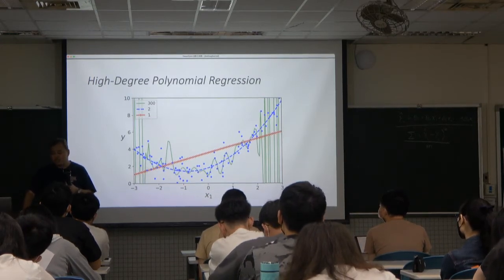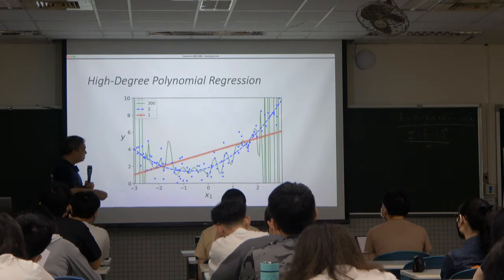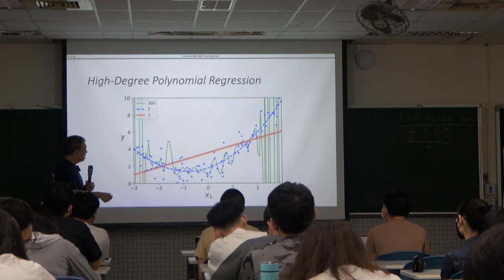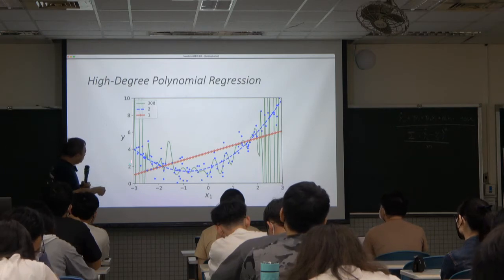When you see the trend of the data, obviously this quadratic form captures the trend pretty well. This blue quadratic line is better than the red line, no question about it. It is also better than the green line.